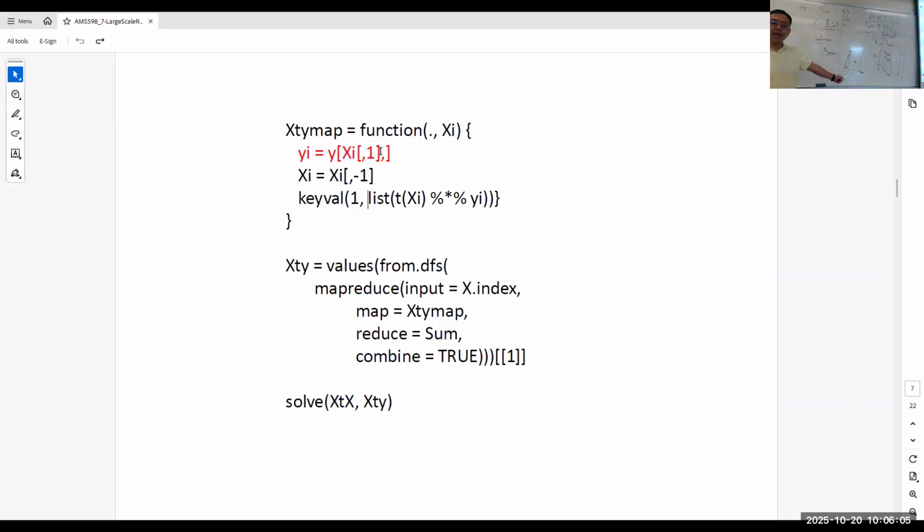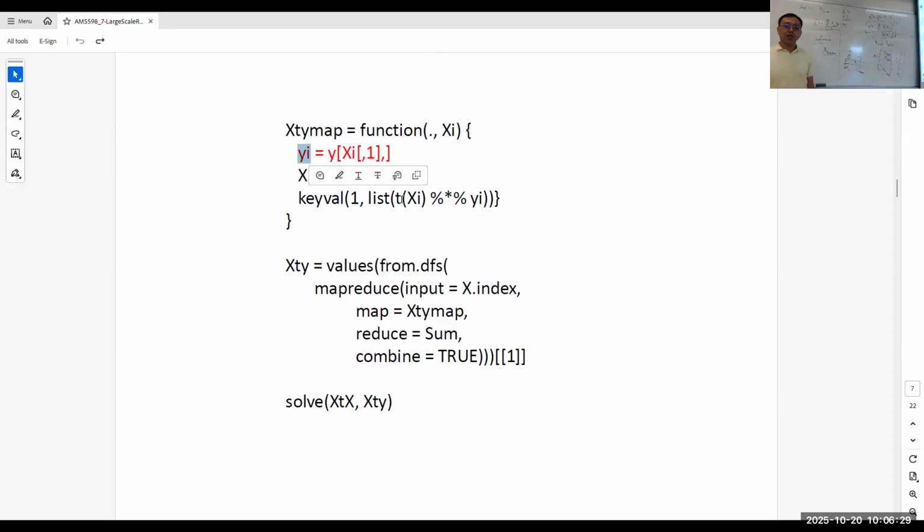You use the index of xi to find the corresponding elements in y, called yi. This is the y, and this is the index, because when you break up the x, the index goes with it. So you use this index to find the corresponding elements for yi.